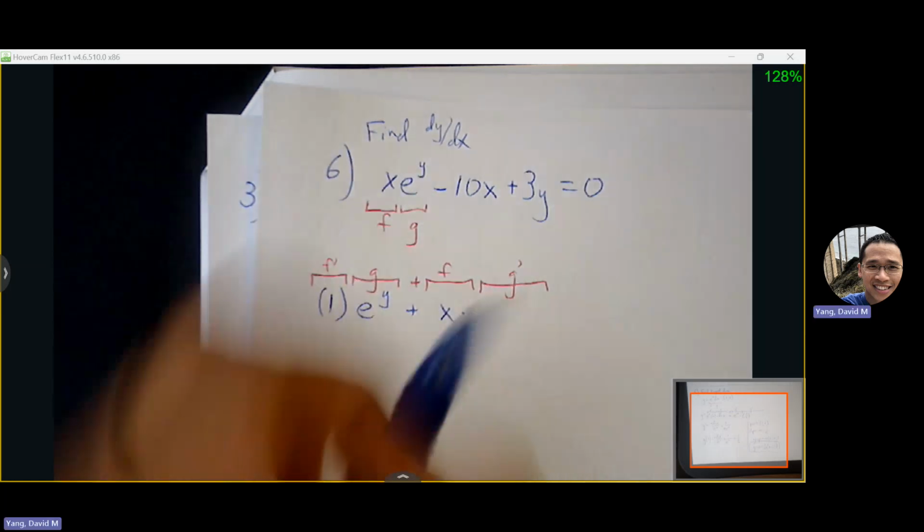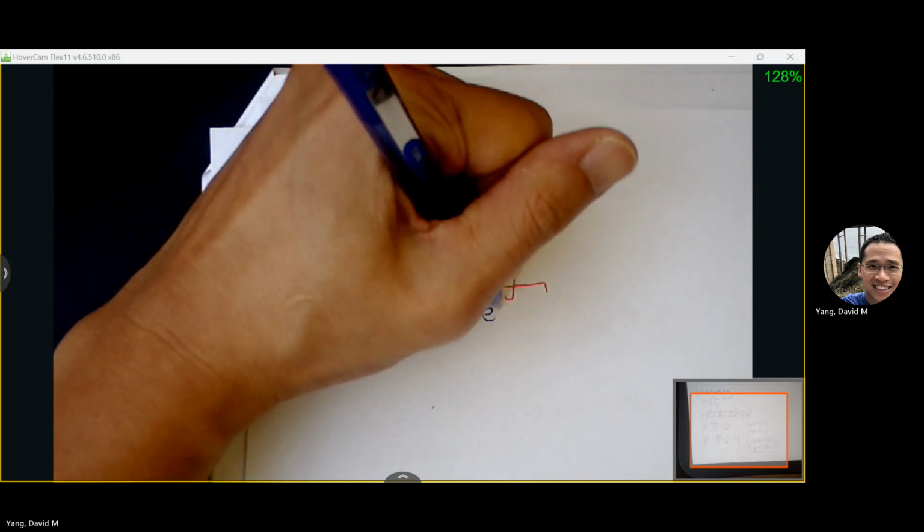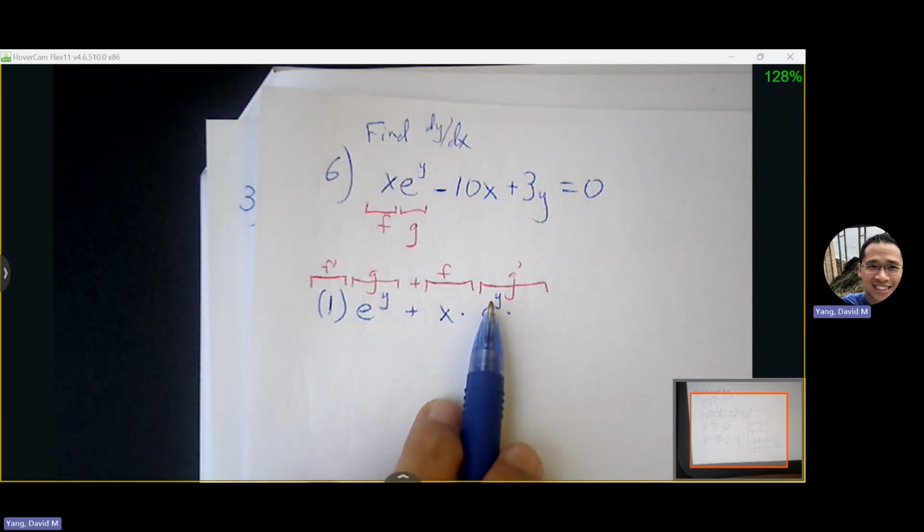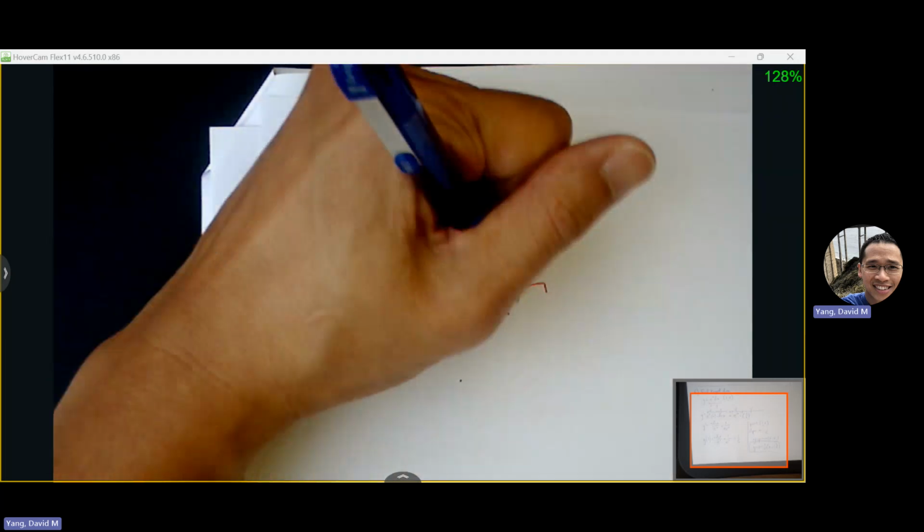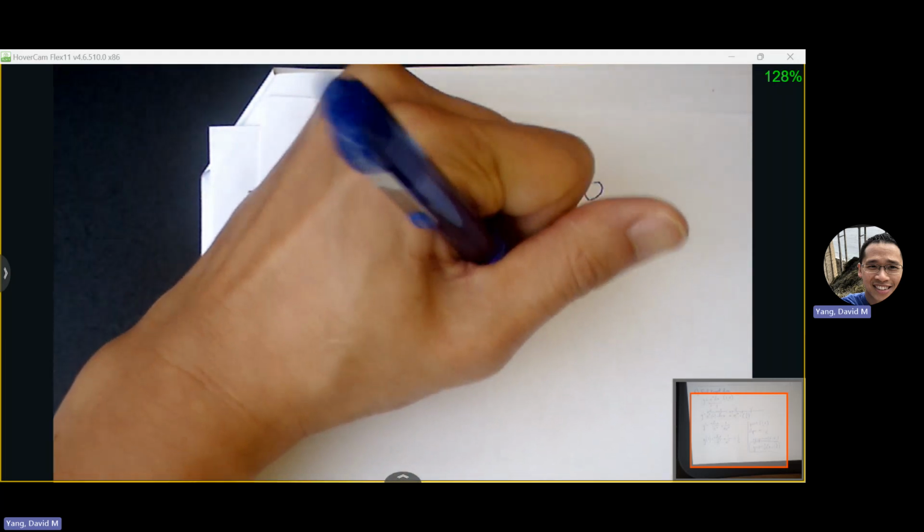The function itself, right? Times, what's the exponent's derivative? What's y's derivative? 1 times dy dx, right? We're asking for y's derivative. We got to keep track of that dy dx.